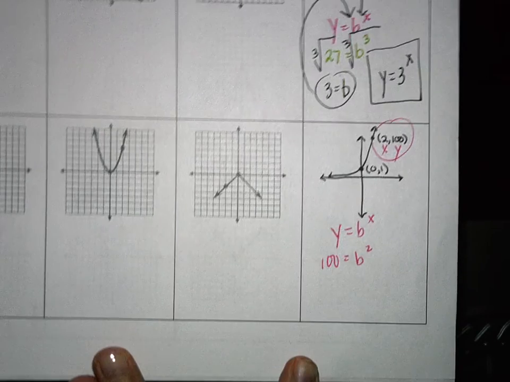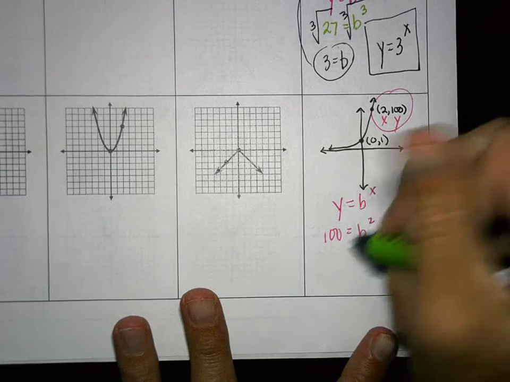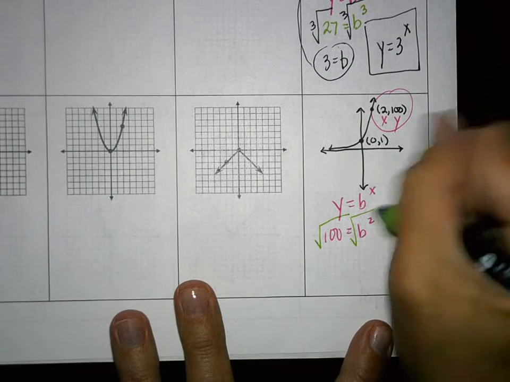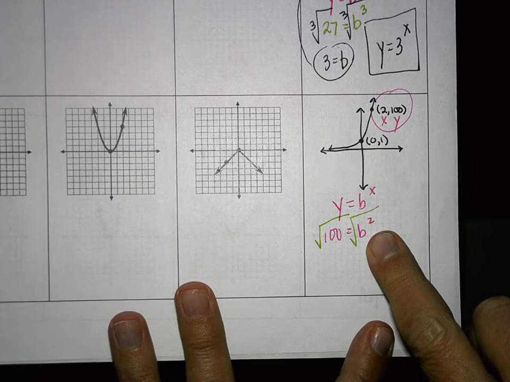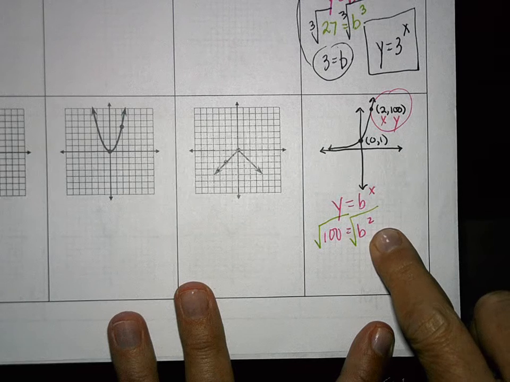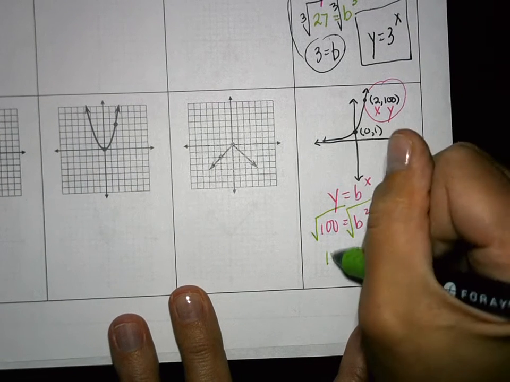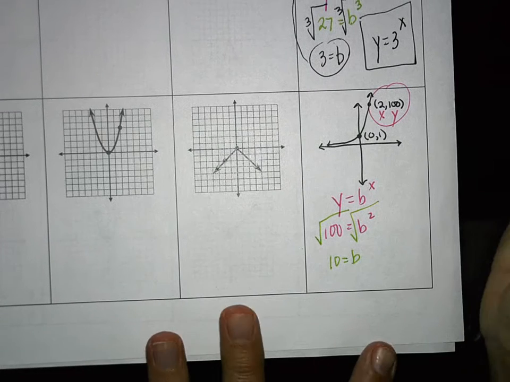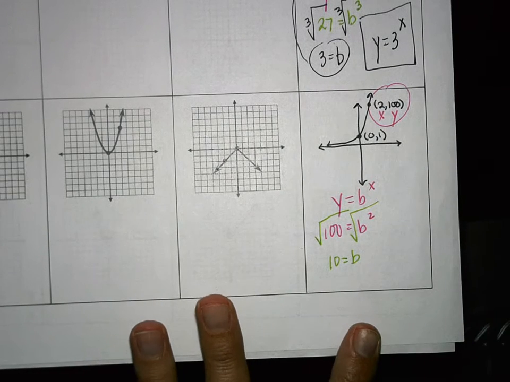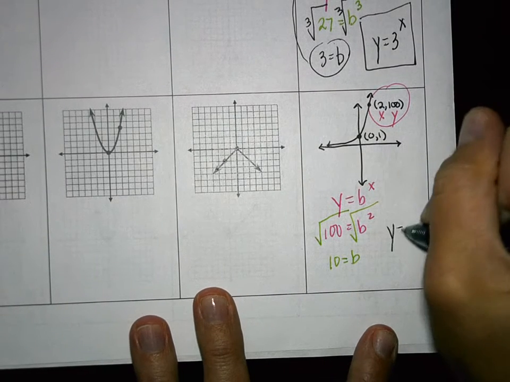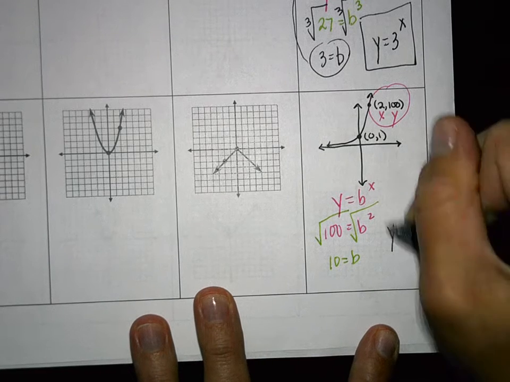Since this is a second power, I take just a square root. I took a cubed root when there was a 3 up here, but I take a square root when there's a 2. And what is the square root of 100? 10. So 10 equals b. Does that make sense now? So we have y equals 10 to the x power for my equation.